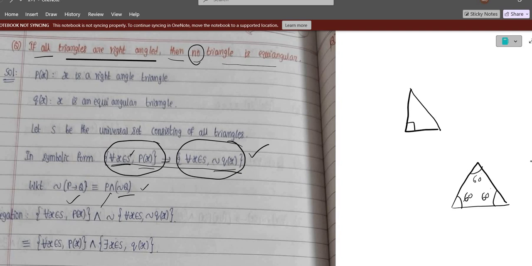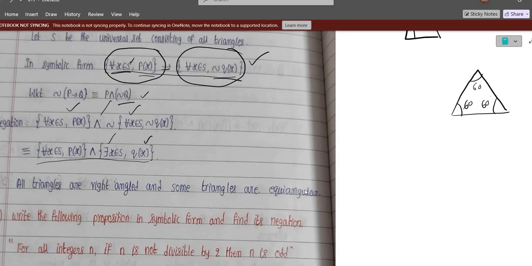Negation of for all x belongs to S, negation of Q of x. So we already know the negation for all is there exists. Negation of negation of Q of x is Q of x. That means this indicates the negation of given statement. Now I am writing this symbolic form as words. Here for all is there. That's why all.